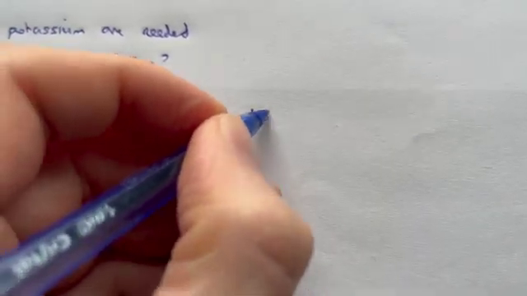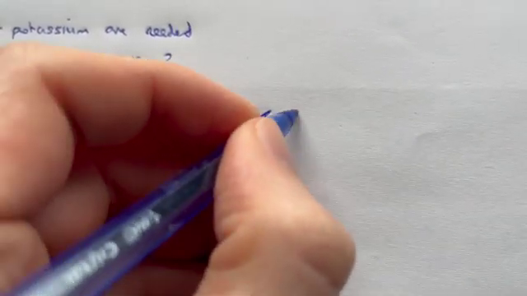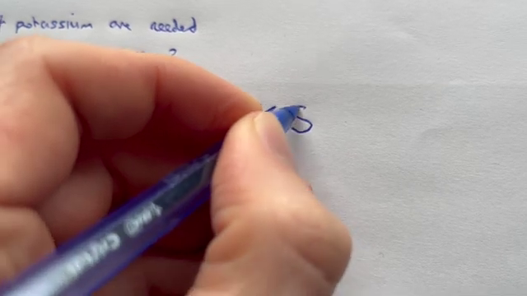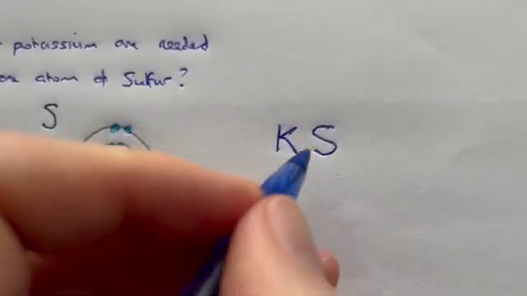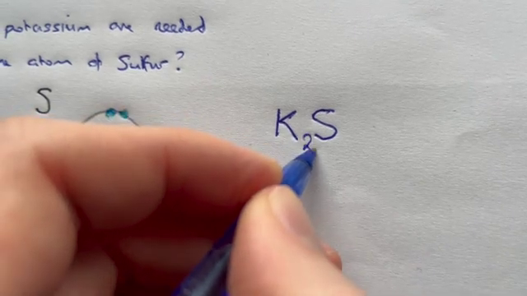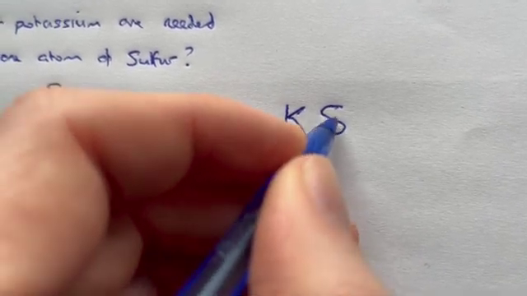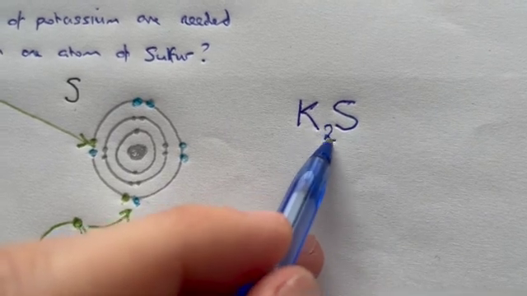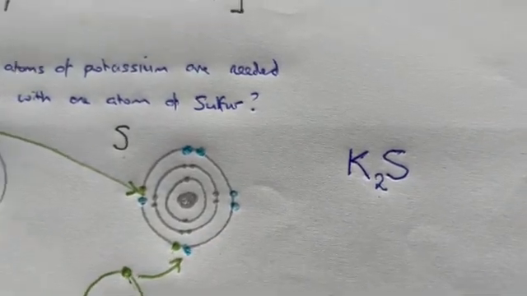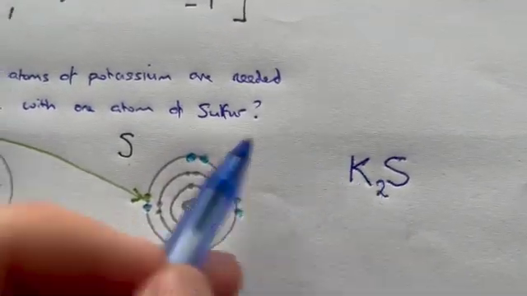Again, we put our metal first, which is K, followed by our non-metal, which is S. I know it's 2 potassiums, so I write it just like H2O: K2S, with a small subscript 2 on the bottom. So that's my chemical compound.